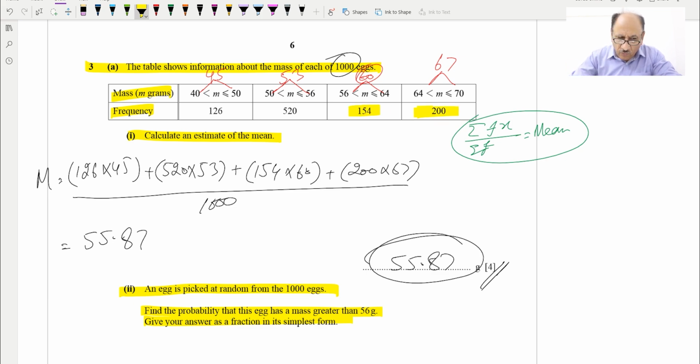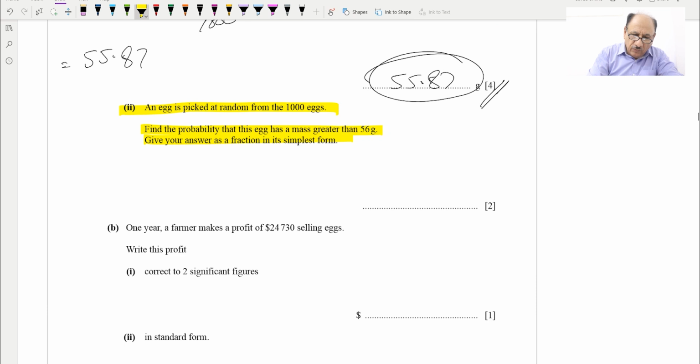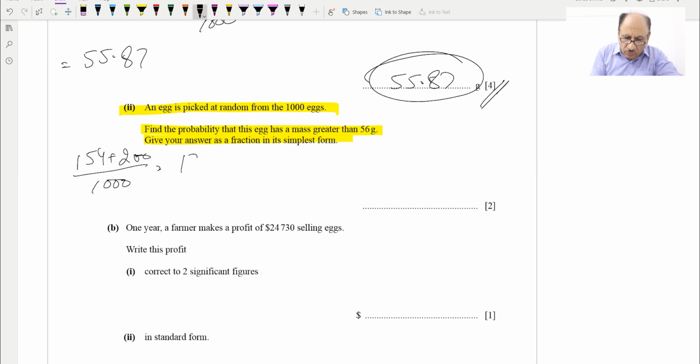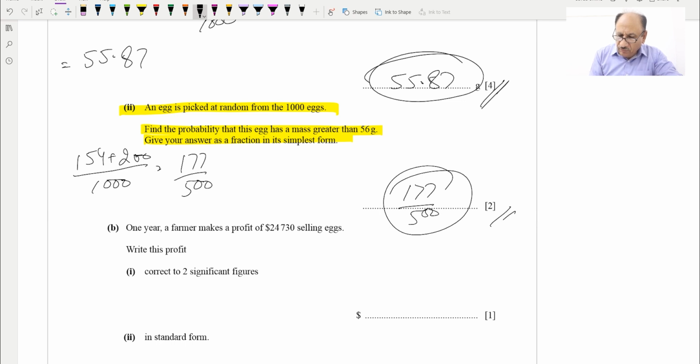So 154 plus 200 divided by the total, which is 1000, and this is 177 over 500. 177 over 500 will be the simplified answer for 2 marks.